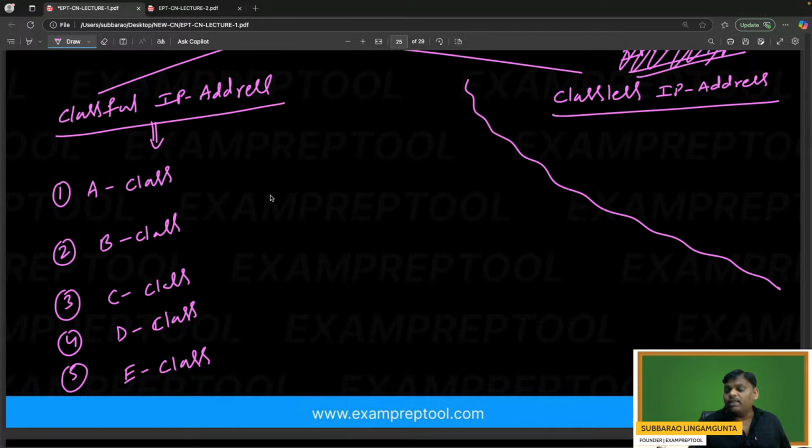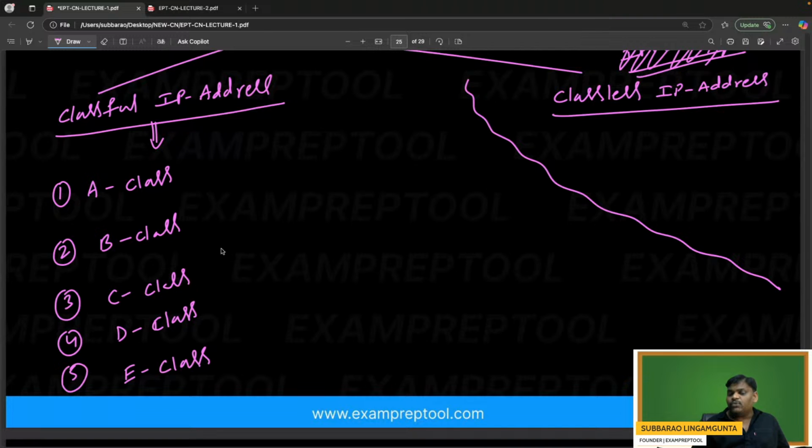Total India will be divided into so many states, and states are internally divided into cities.